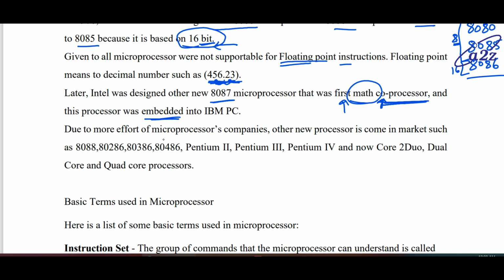Means there are two processors. One is specifically for mathematical operations and another is for all different types of operations. So if we talk about the series, next is 8087. This is a math coprocessor.